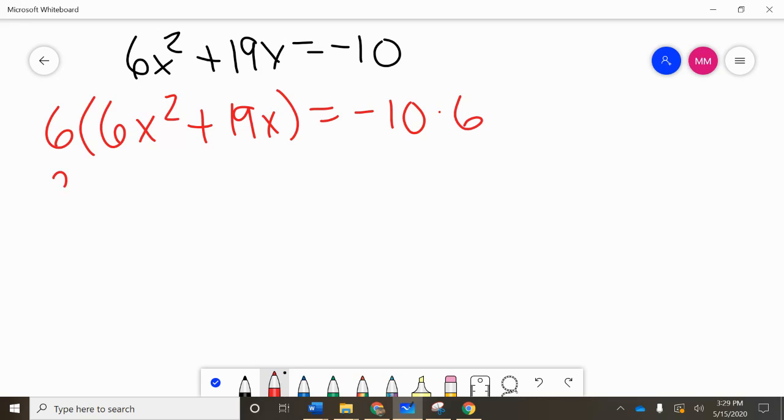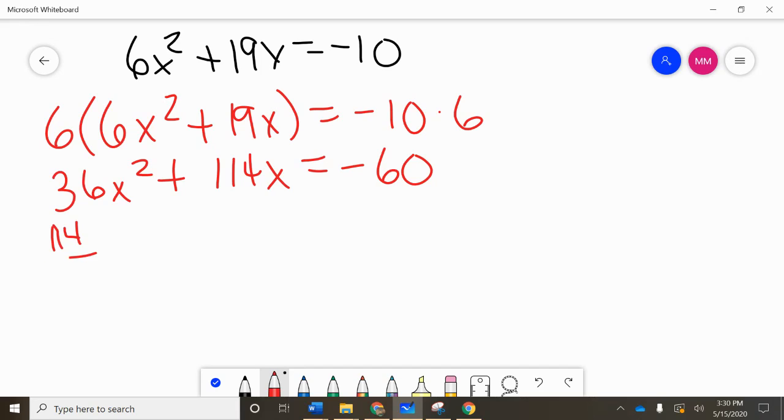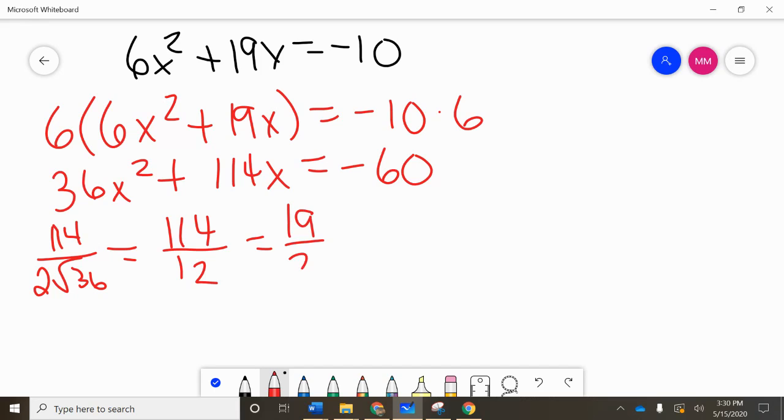And so when I do this, I get 36x squared plus 114x equals a negative 60. And now I can find my C to make this a true perfect square. So 114 divided by 2 times the square root of 36, so 114 divided by 12, which does not divide out evenly, so I'm going to simplify it down to 19 over 2.